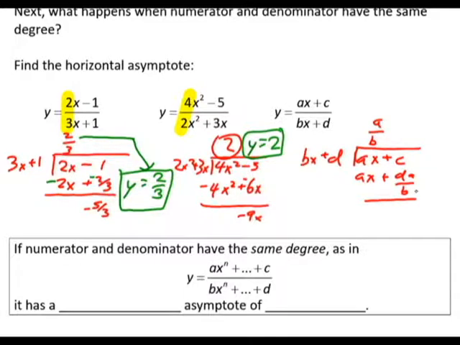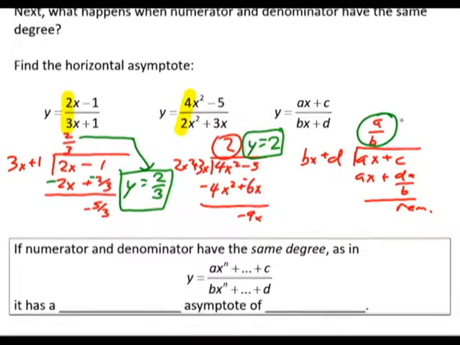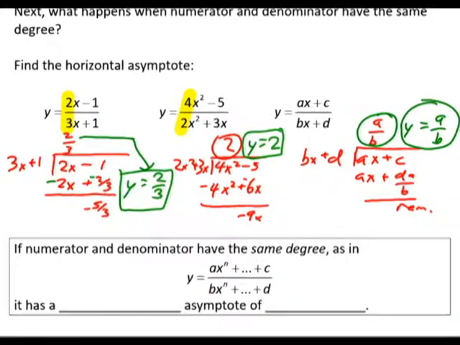The rest is constants. It's just going to be remainder. As we suspected, the horizontal asymptote is the ratio of the lead coefficients, a to b, a over b.